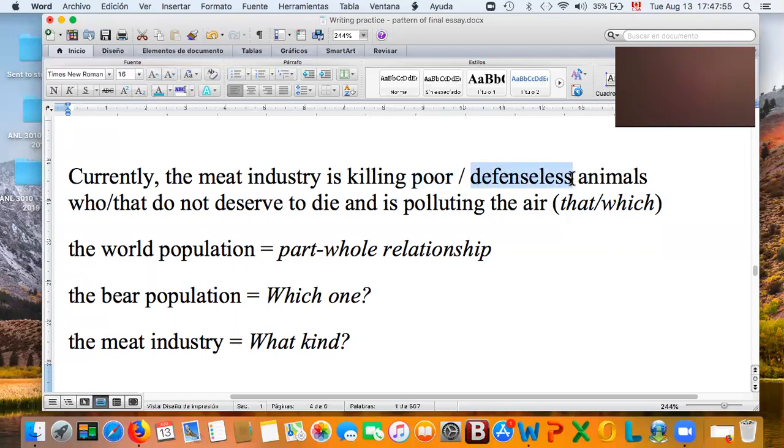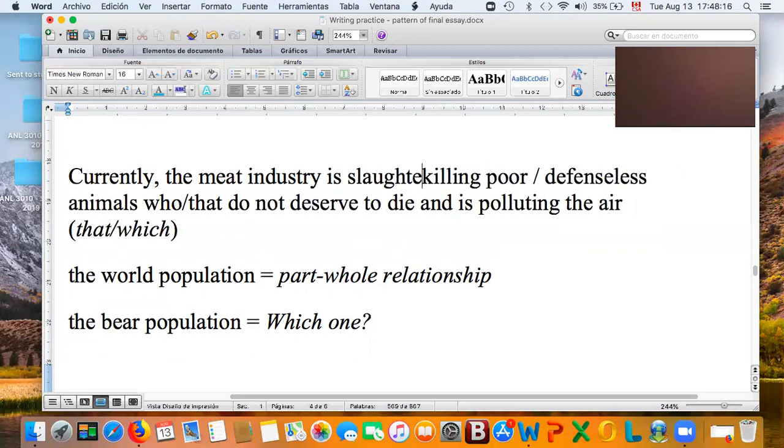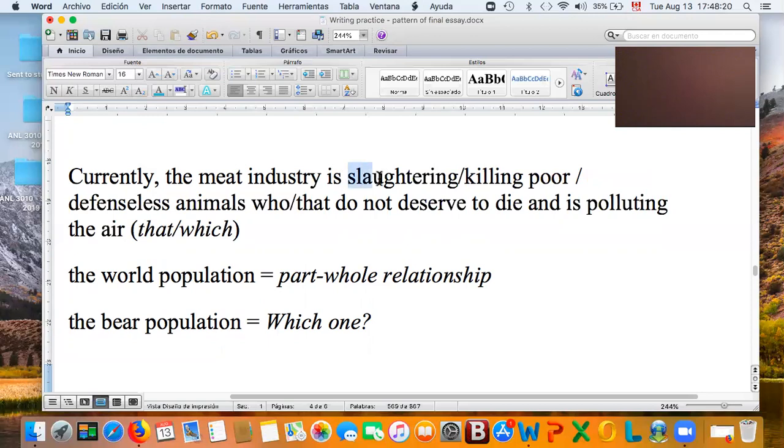However, it would be quite normal in the academic or semi-academic text to refer to the destruction, the killing, the slaughtering of defenseless animals. I would say here, slaughtering. Now, slaughtering is much stronger than killing. You can look these words up and you'll see why I think so.